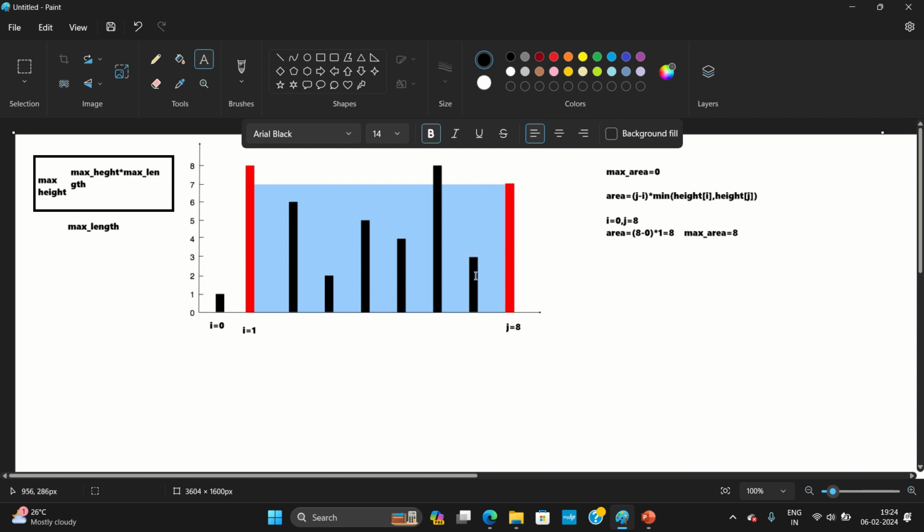In some cases, it may not find a better height, but it will try by moving one step only.